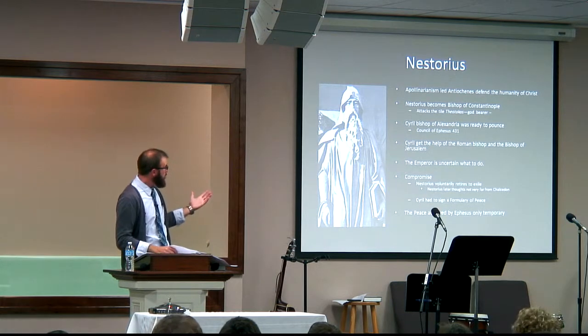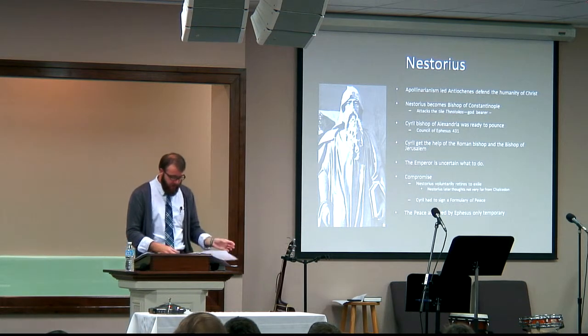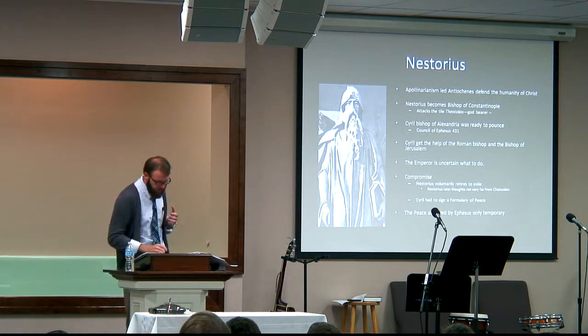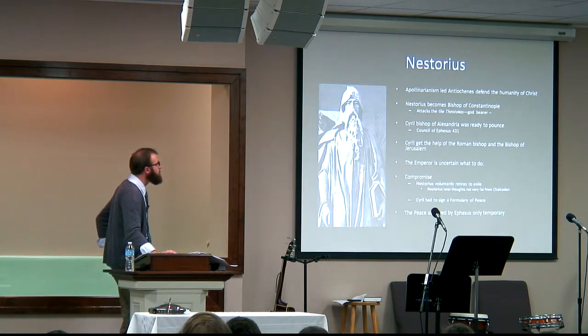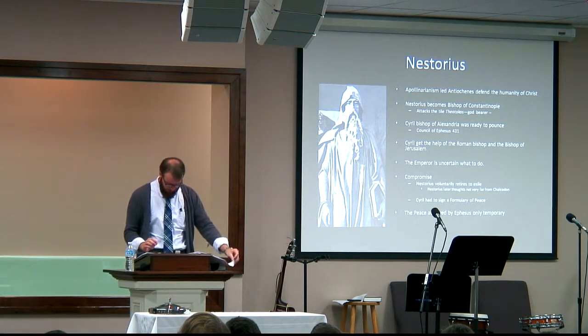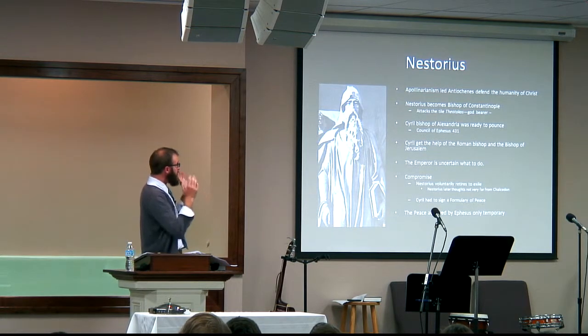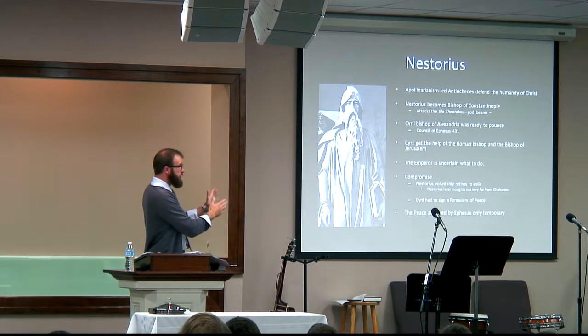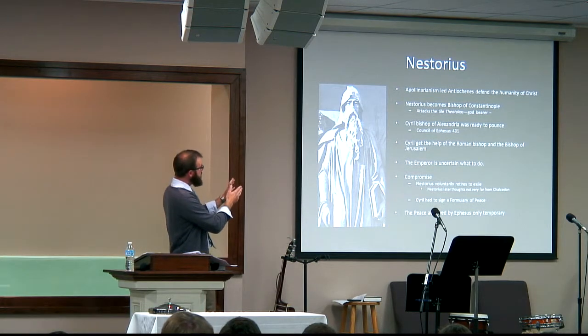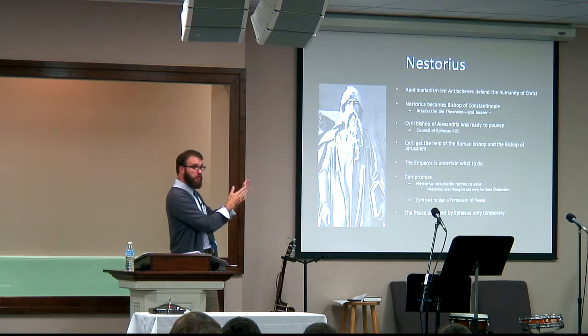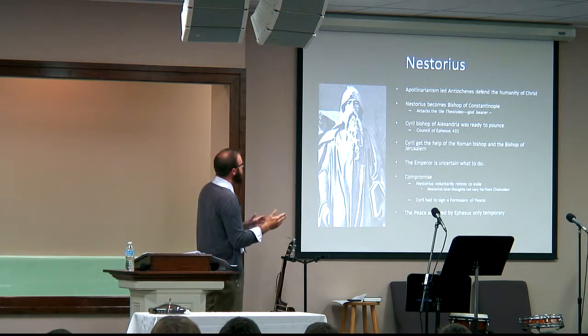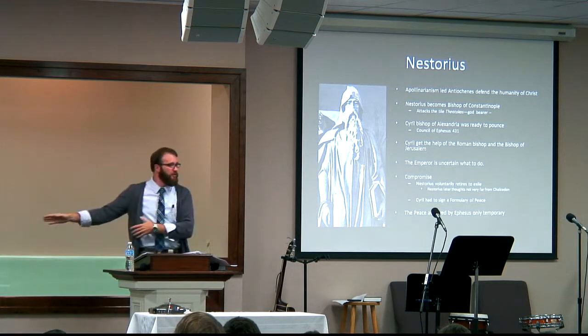But he's very popular with the emperor. And they call a council, the Council of Ephesus, which meets in 381. No, not 381, but 431. And they condemn Nestorius, Cyril and the bishop of Jerusalem do, and the bishop of Rome. And at the same time, Nestorius and his backers condemn everyone else.